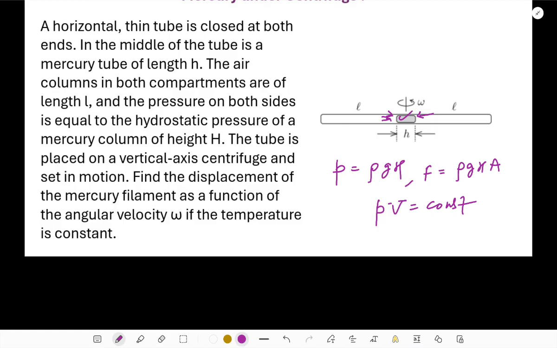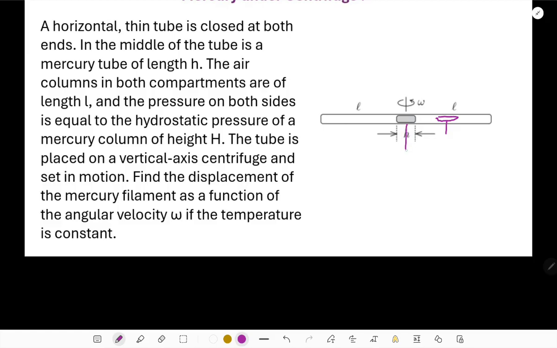I guess at some moment after the centrifuge gets started, the mercury filament has been displaced by a distance x, say x, from its initial position, and the angular velocity of the centrifuge is omega.